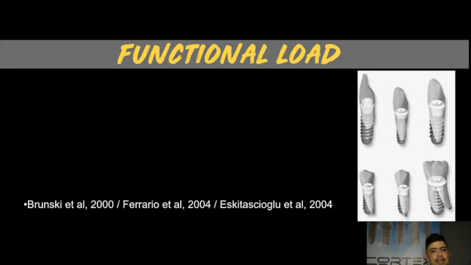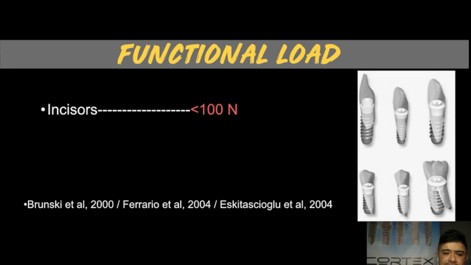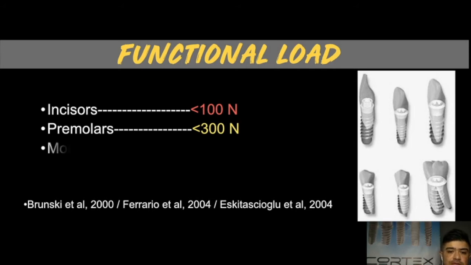When you see the functional load of the teeth, you see that the incisors receive a functional load around 100 newtons. For premolar, it's around 300 newtons. And for molar, it's almost around 700 newtons.